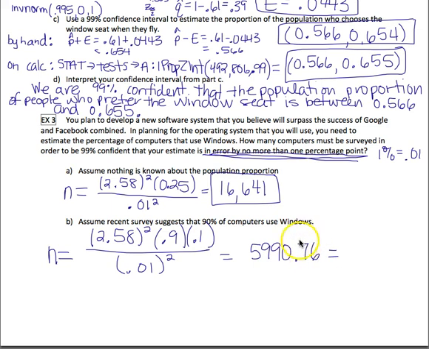And in this case, even if this number were not bigger than 5, we would still need to bump it up, because what that would be saying is that 5,990 isn't quite enough. So you always have to bump it up to the next whole number. So in this case, we'd have 5,991 for the total number of computers we would need to survey there.